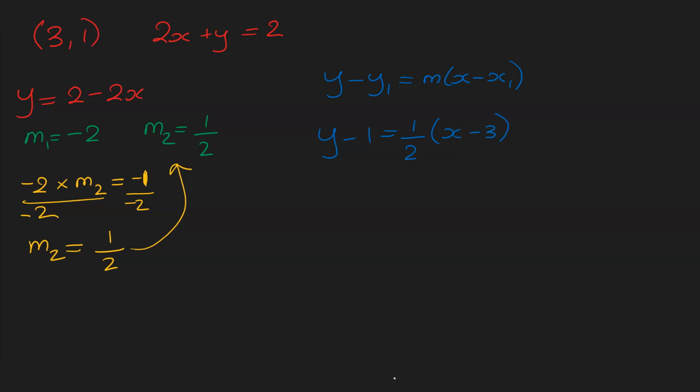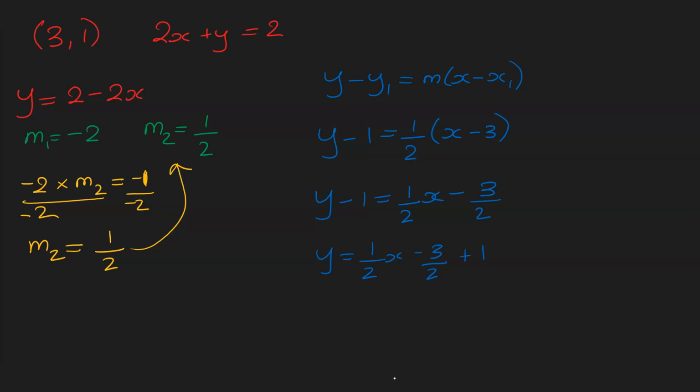I'll expand it out: y minus 1 is equal to 1/2 x minus 3 over 2. Take the negative 1 across, so you've got y equals 1/2 x minus 3 over 2 plus 1.